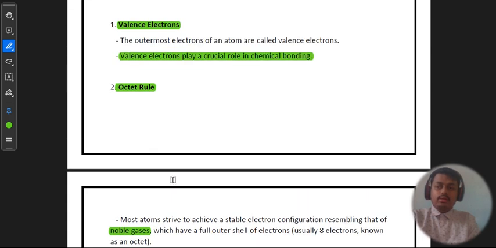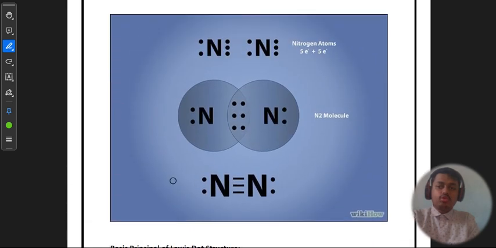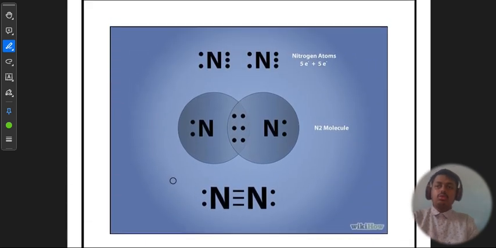Now we will look at the structure of the nitrogen molecule, N2. We know the electronic configuration of nitrogen. The electronic configuration of nitrogen tells us that the outermost shell has 5 electrons.